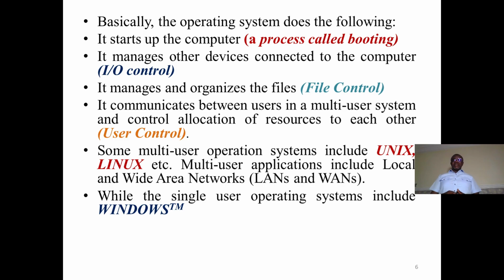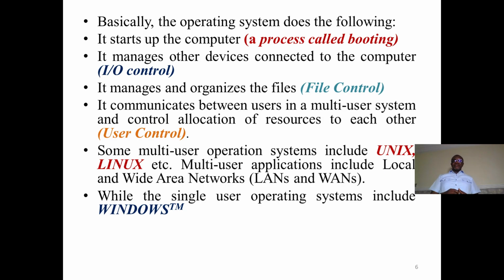It communicates between users in a multi-user system and controls allocation of resources to each other, which is called user control. Some multi-user operating systems include Unix, Linux, and other ones.